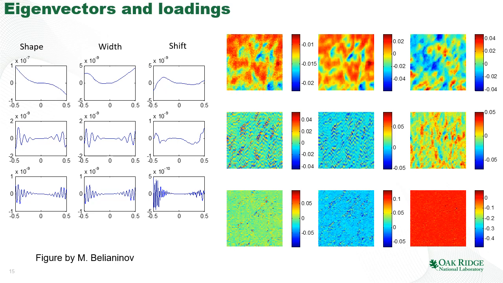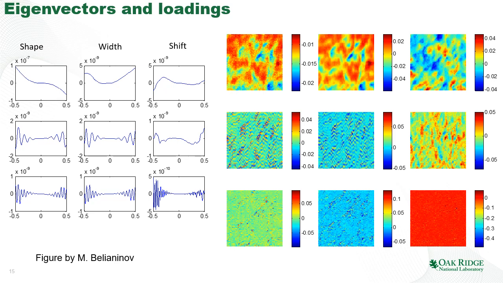But since we are physicists, we can look at these representations and try to deduce what happens during this imaging. So let's look at the PCA components one by one. The first component is just the average of the IV curve. It basically represents the average topography of this image, and what you see here is essentially a low resolution version of the atomically resolved image.